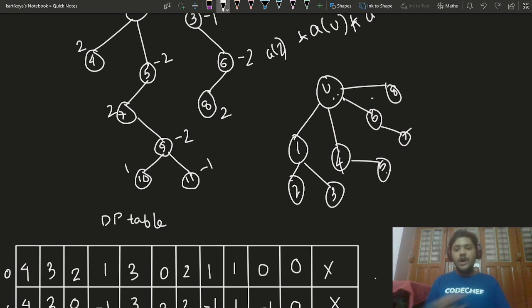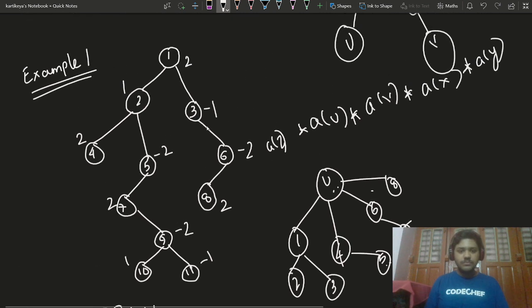So among all such paths that lie in the subtree of u, dp[u][0] stores the number of 2's and -2's on the path which has the maximum positive product, and dp[u][1] stores the number of 2's and -2's on the path which has the negative product with the maximum magnitude.